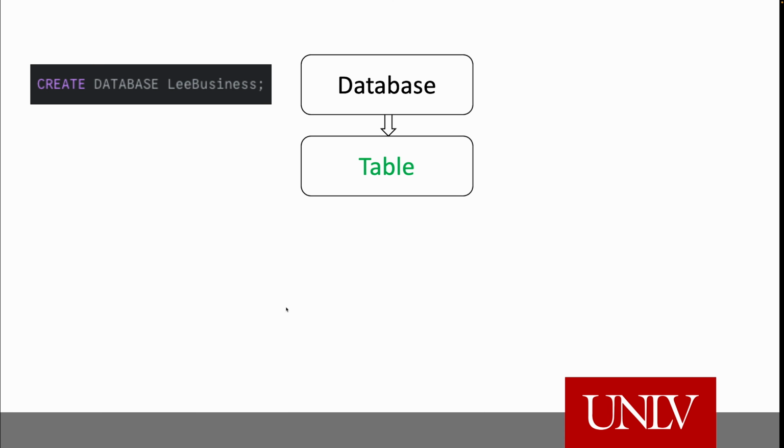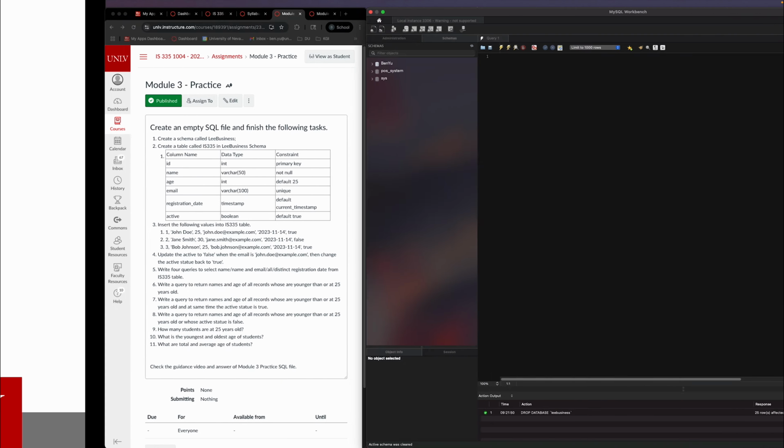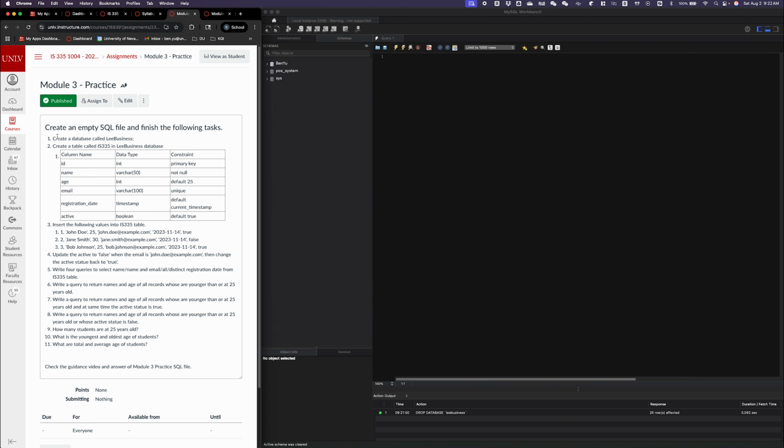Now we go to the first task, which is to create a database. Since in MySQL, database equals schema, we don't need to create a schema, we only need to create the database. The first task is to create the database called lead business.